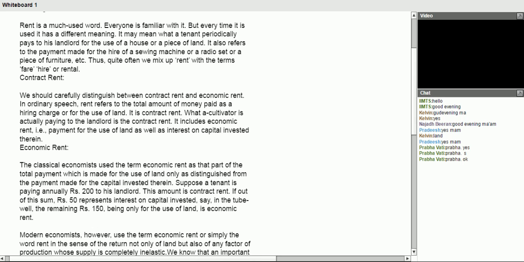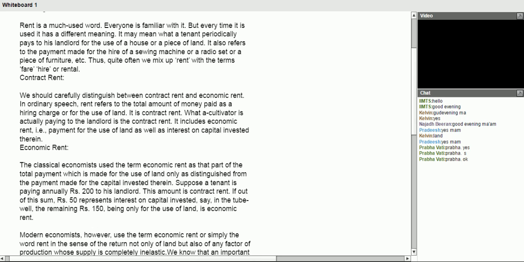So what is contract rent? That means the rent that we pay on a periodic basis, like 200 rupees a month. That is the contract rent. The economic rent means the rent exclusive of the cost of the capital that we are using in the business.